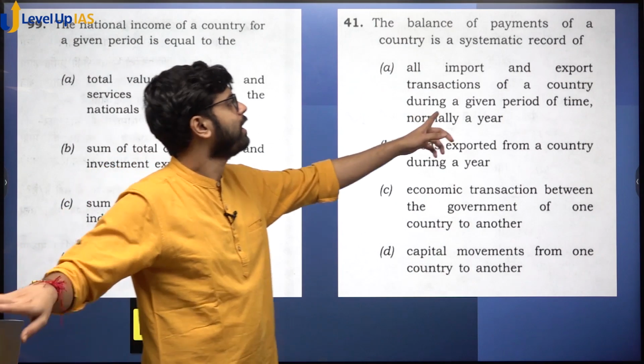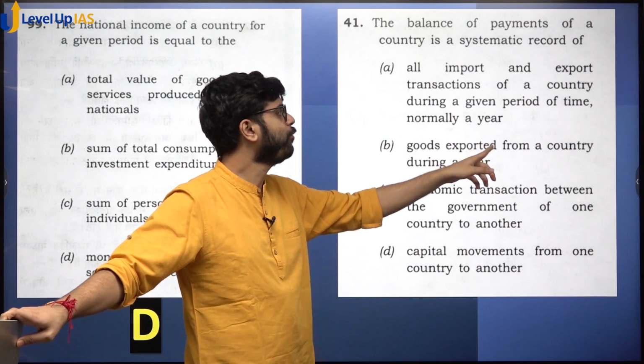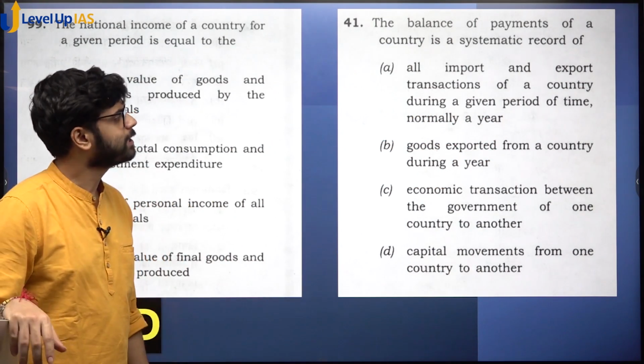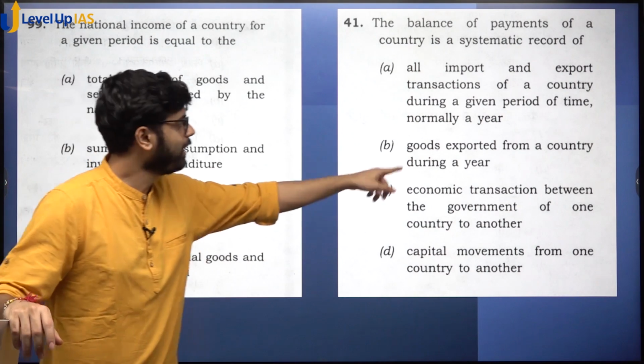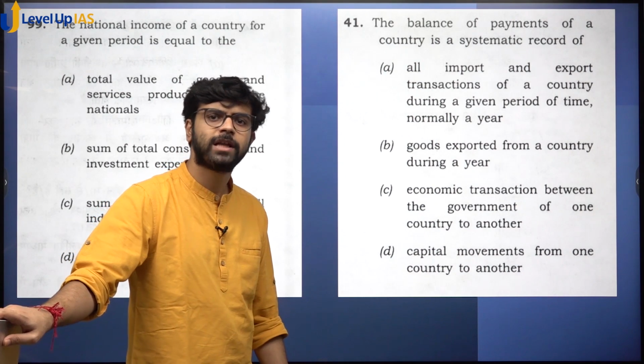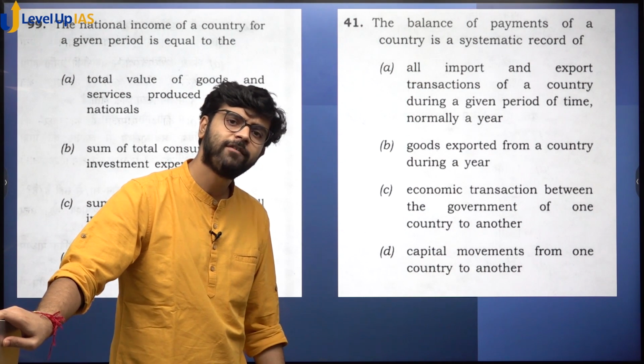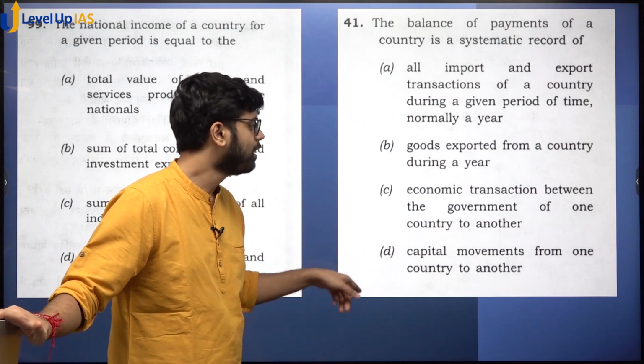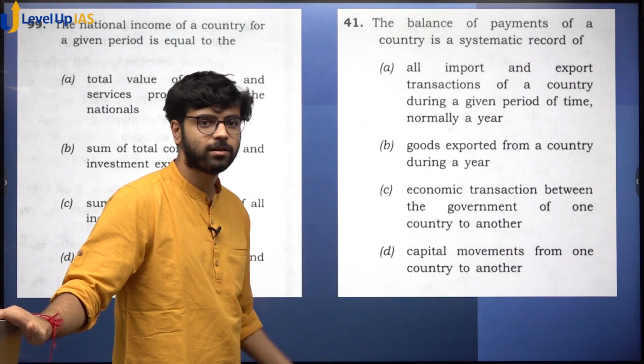All import and export transactions of a country during a period of time, normally a year, okay. Goods exported from a country during a year, ये तो है ही नहीं, goods exported तो है नहीं. Economic transaction between the government of one country to another. Is it only government or anyone and everyone? Everyone. C gone. Is it only capital movement?